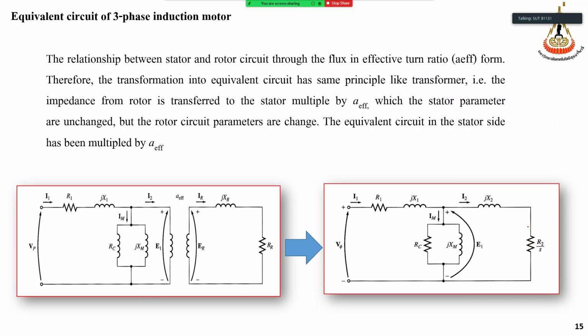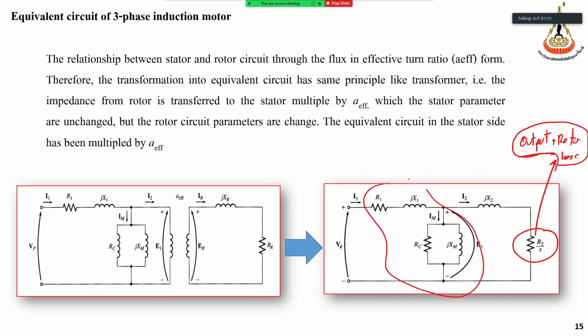So R2 divided by S represents the output of the motor as well, output plus rotor loss. And this part is almost constant, the stator and stator loss.